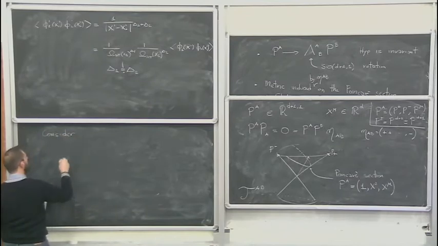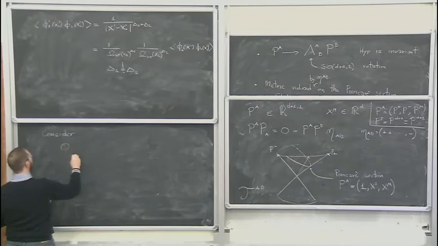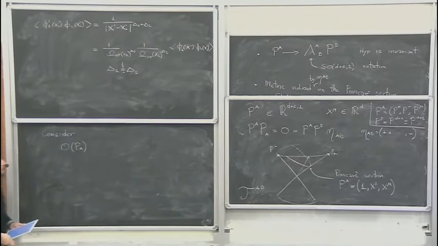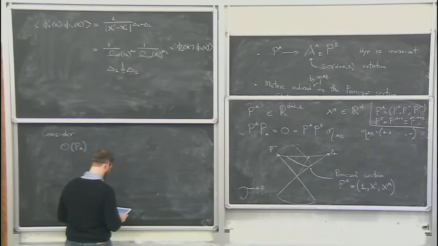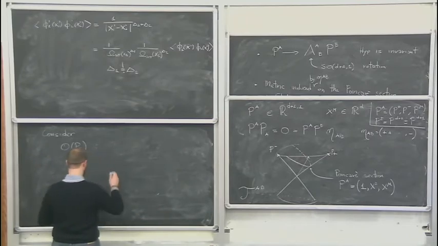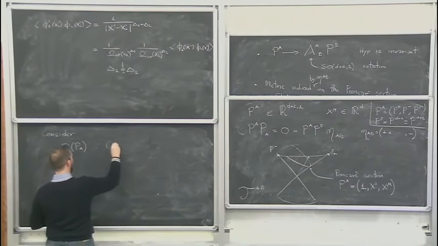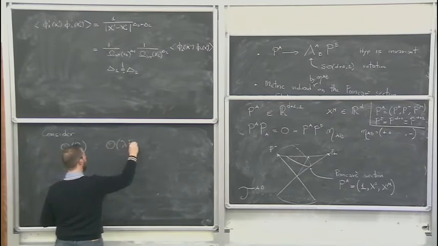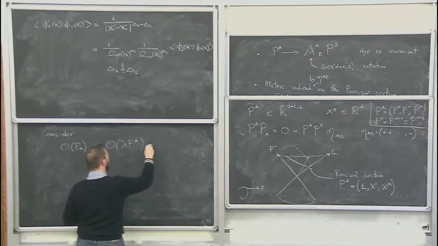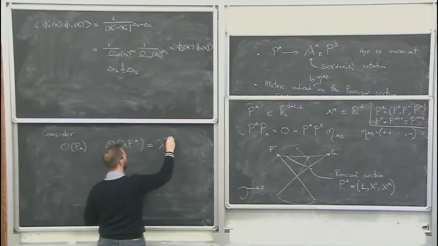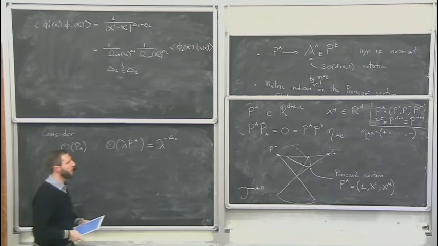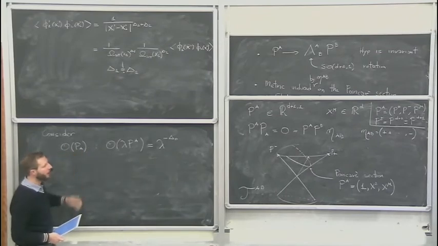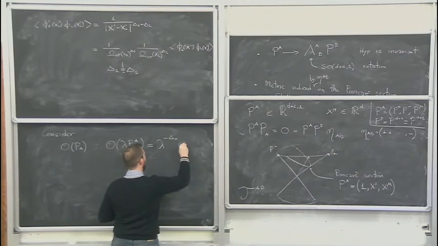So we will consider functions or operators O defined on our embedding space, such that O of lambda PA is going to be lambda to the minus some parameter delta, which depends on O, that, as you will see, will be identified with the scaling dimension of the operator O of P in the original spacetime.